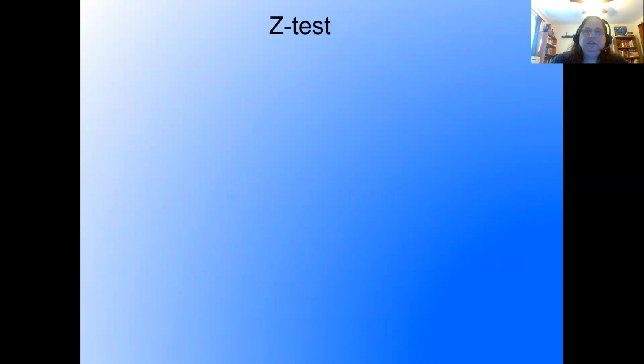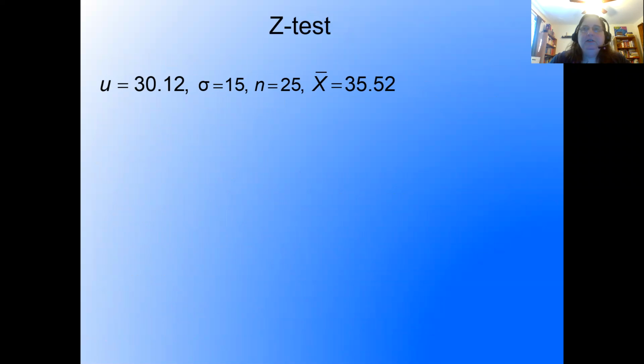Okay. So let's figure it out. Let's do the math. Here's our numbers once again. The only one that's changed is this x bar to 35.52. Here we go again. We've got our z equals x bar minus mu over our standard error of the mean. Once again, I don't see standard error of the mean up here.